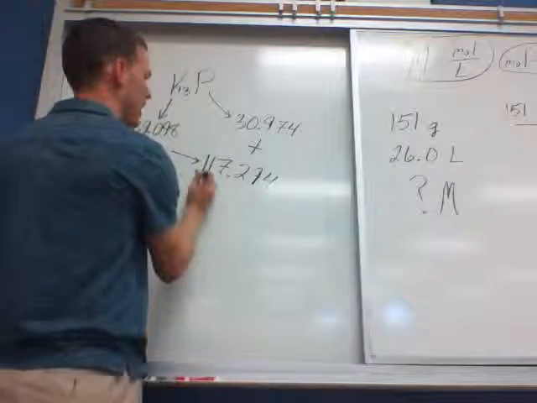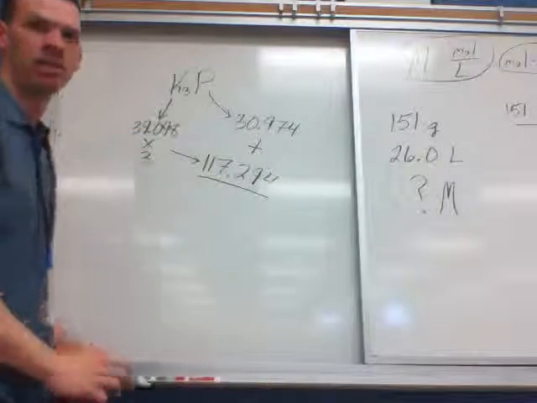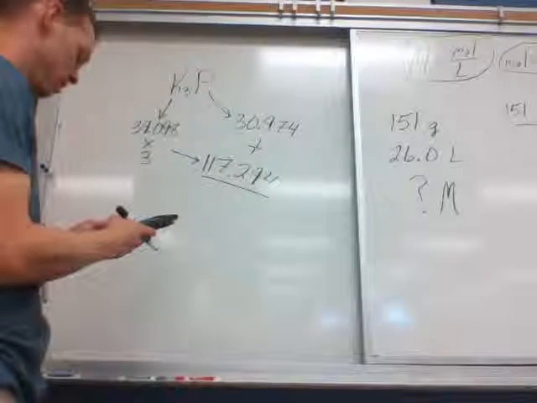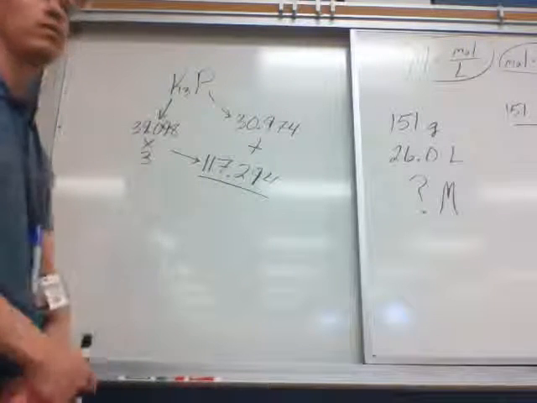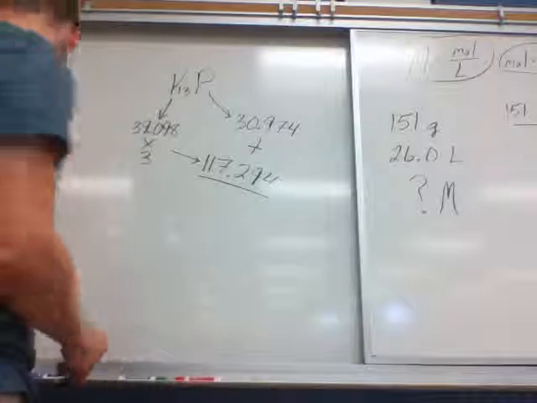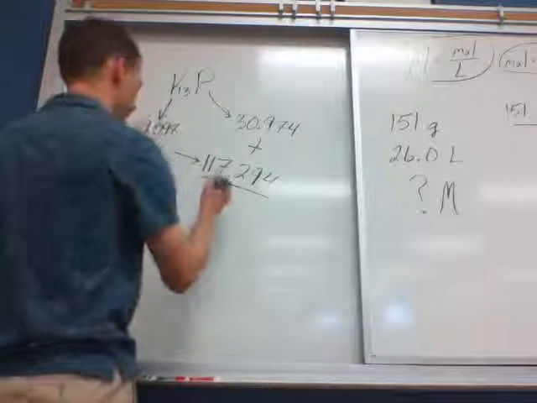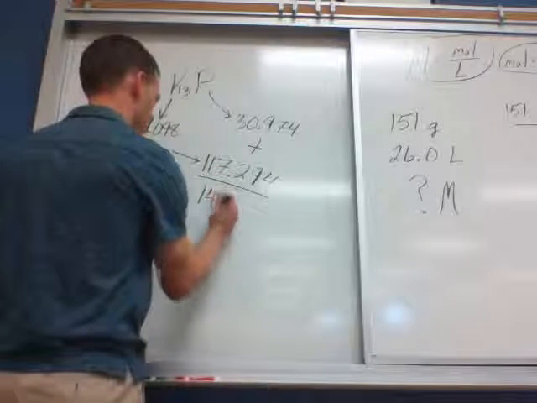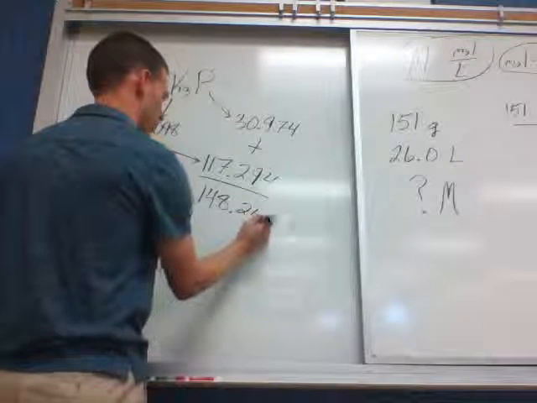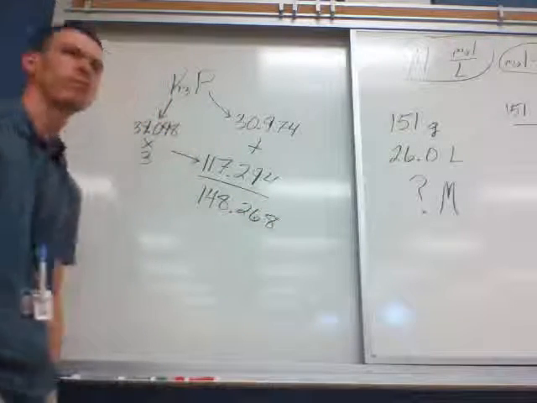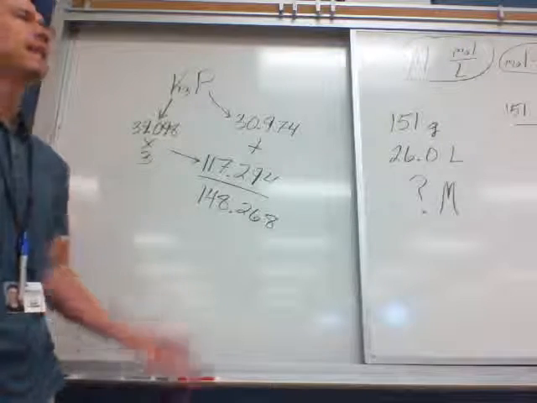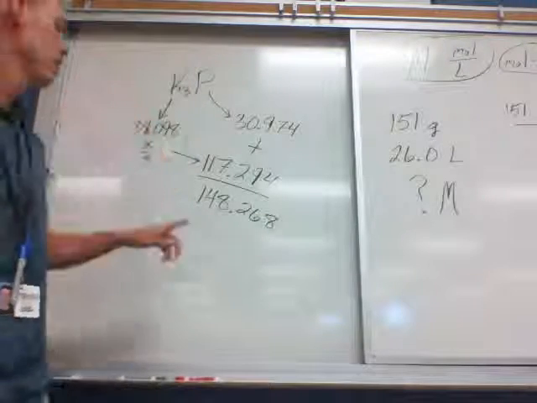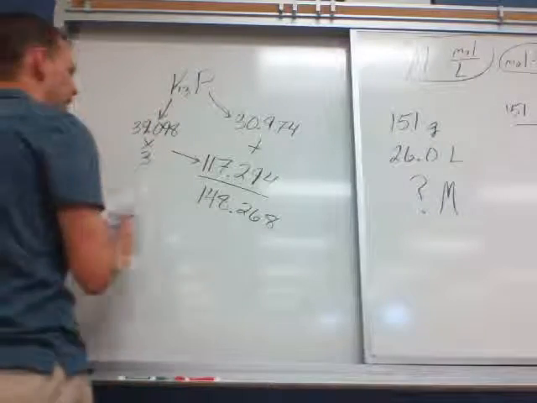And then, of course, we want to add these two together to get the total molar mass. I get 148.268. Any questions so far? So that was the PT of K3P, 148.268.